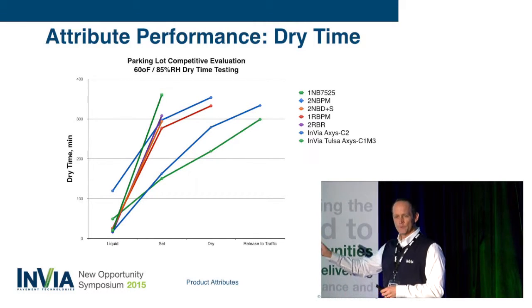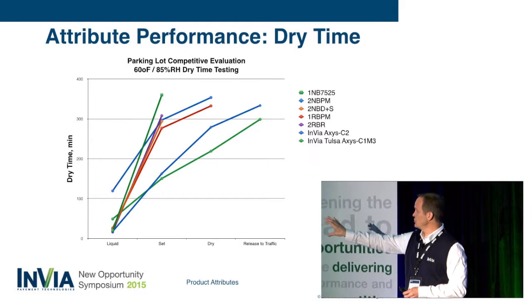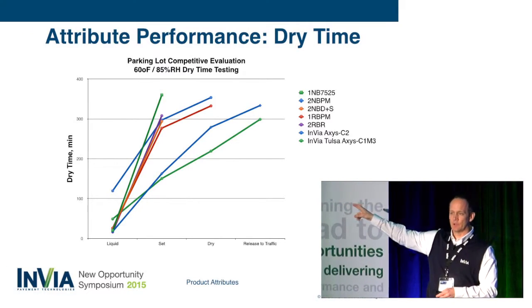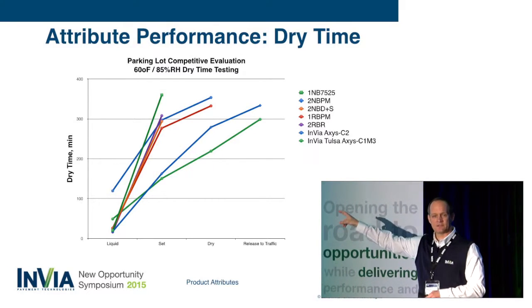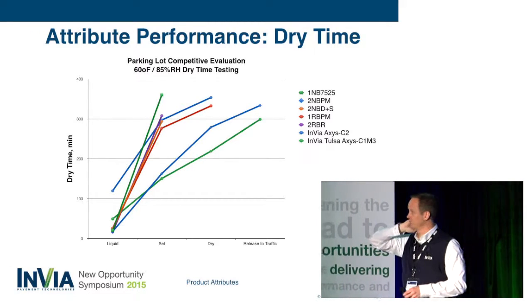Onyx would perform pretty similar to this. C2 would not, by the way. C2 at 60 degrees Fahrenheit and 85% relative humidity would not be a top performer at those conditions, which is why we don't recommend doing C2 in the shoulder season.